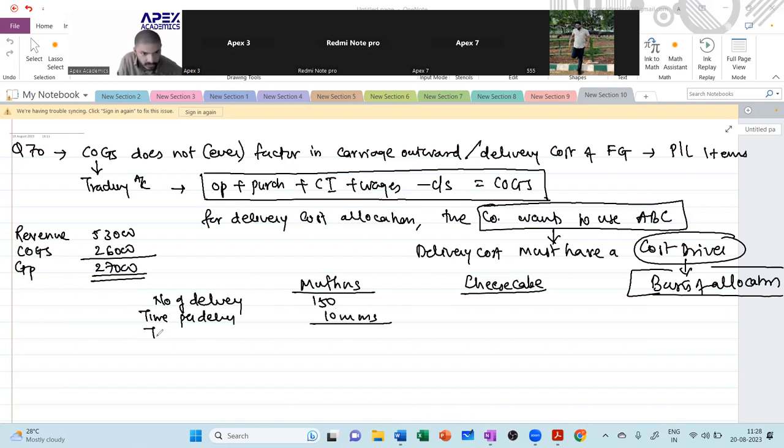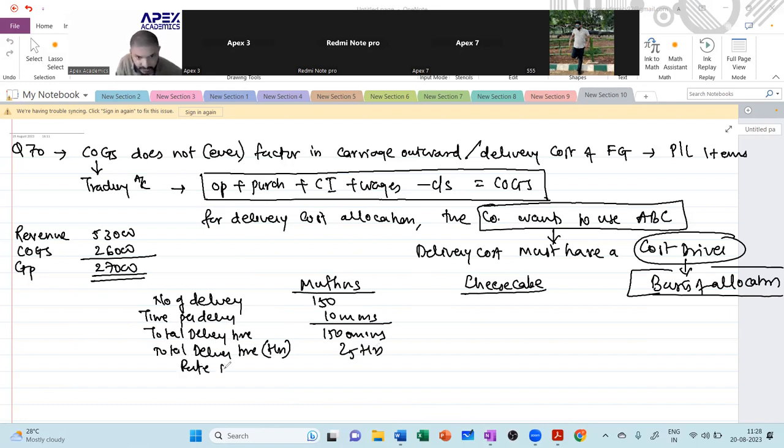So what is total delivery time? 1500 minutes. So total delivery time in hours is 1500 divided by 60. Your time is 25 hours.